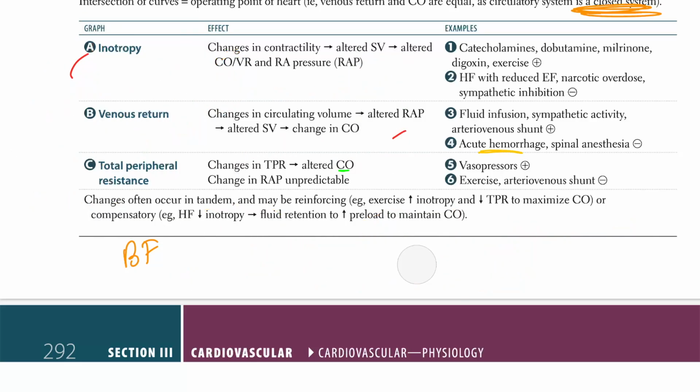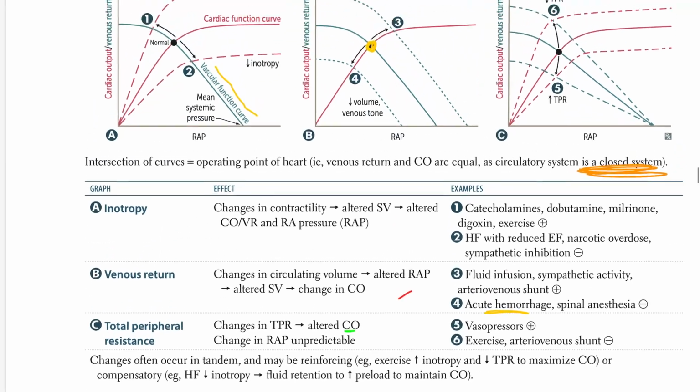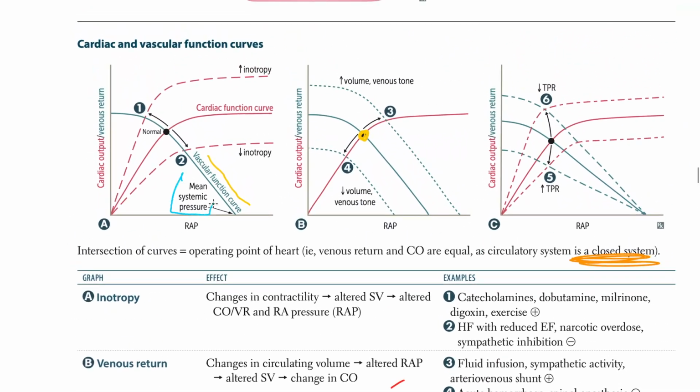The next high yield point is this point right here, mean systemic pressure. When venous return intersects the x-axis, which is right here, this point, it indicates a venous return of 0.